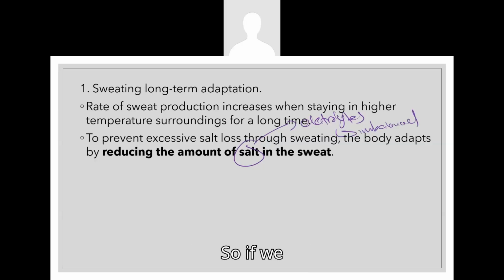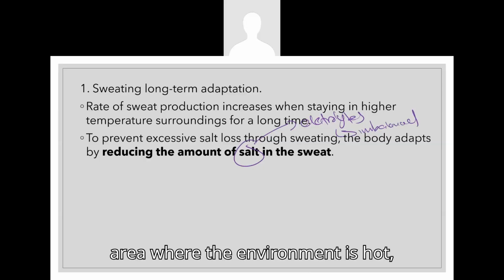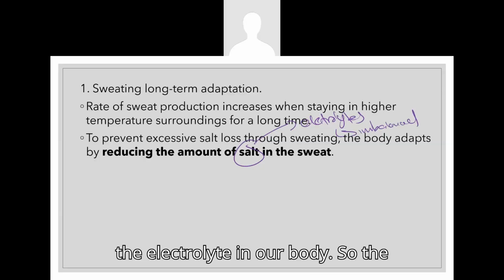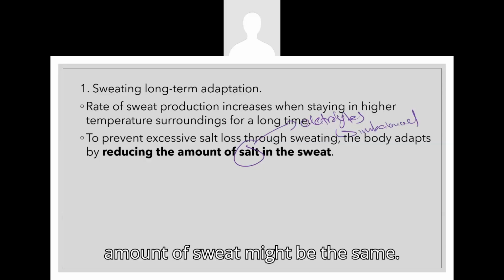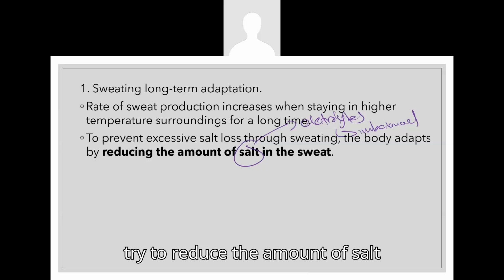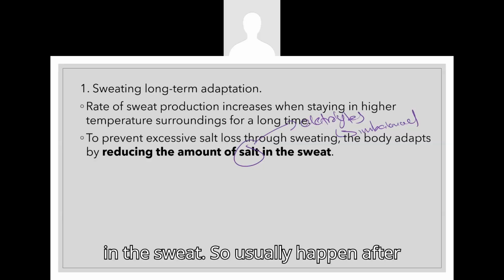So if you lose too much electrolyte, then it will become imbalanced. So if we suddenly move to an area where the environment is hot, the body needs to adapt to preserve the electrolyte in our body. So the amount of sweat might be the same or increase because of the increase of the evaporation mechanism, but the body will try to reduce the amount of salt in the sweat.